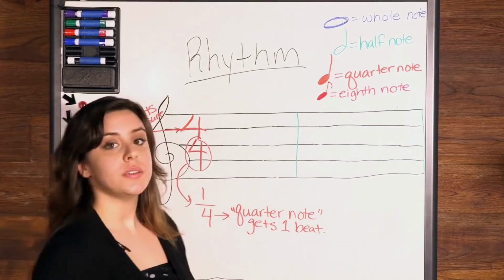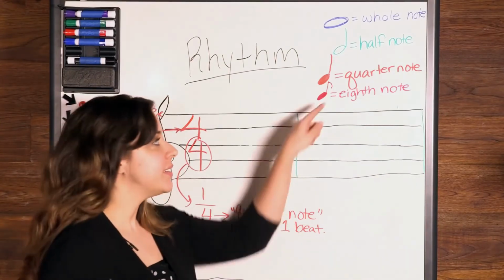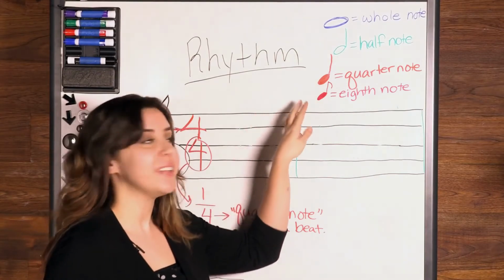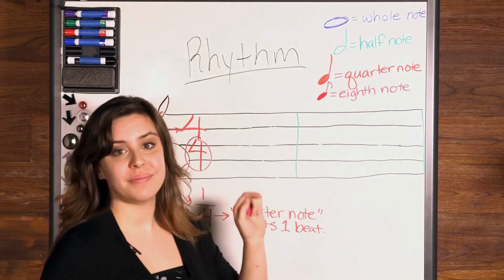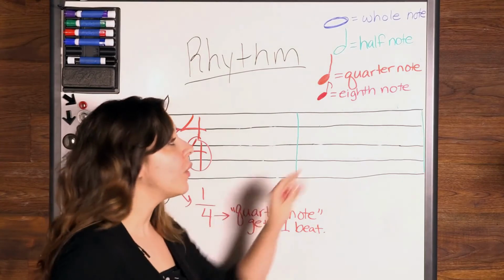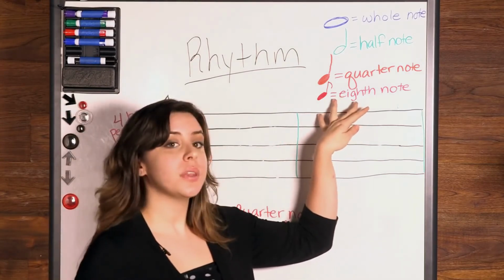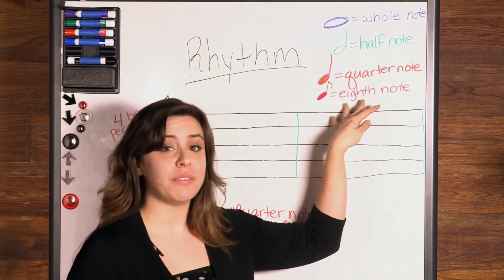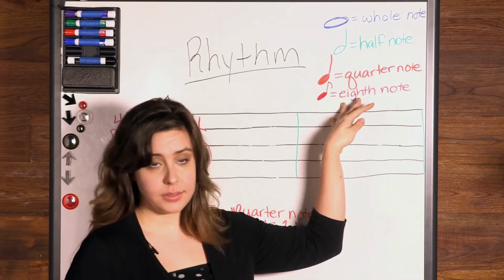Now the 8th note, obviously, if it's half of a quarter note, that means that you can fit 8 of them into the measure. Now, don't be confused. Don't think that because this is called an 8th note that you can always fit 8 of them into a measure. That's not the case.